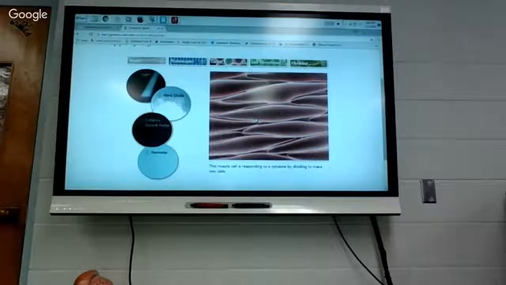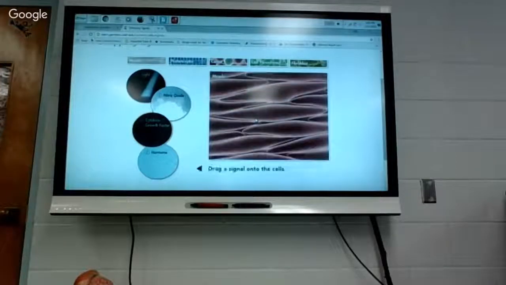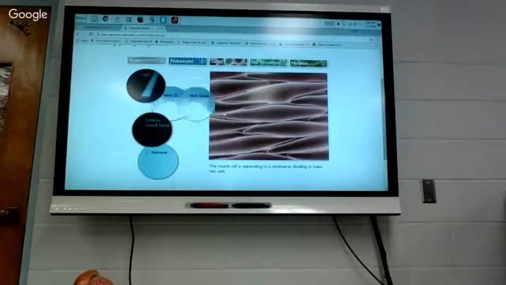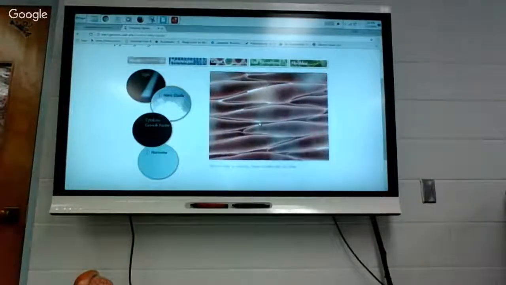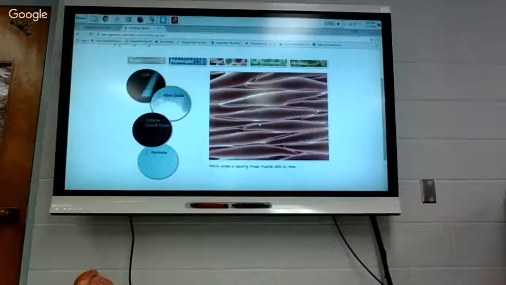This muscle cell is responding to a cytokine by dividing to make two cells. You should write the notes in the box. Yeah, just put it right there in the box, and what response that is, whatever the stimulus was that caused it. This muscle cell is responding. Nitric oxide is causing these muscle cells to relax.